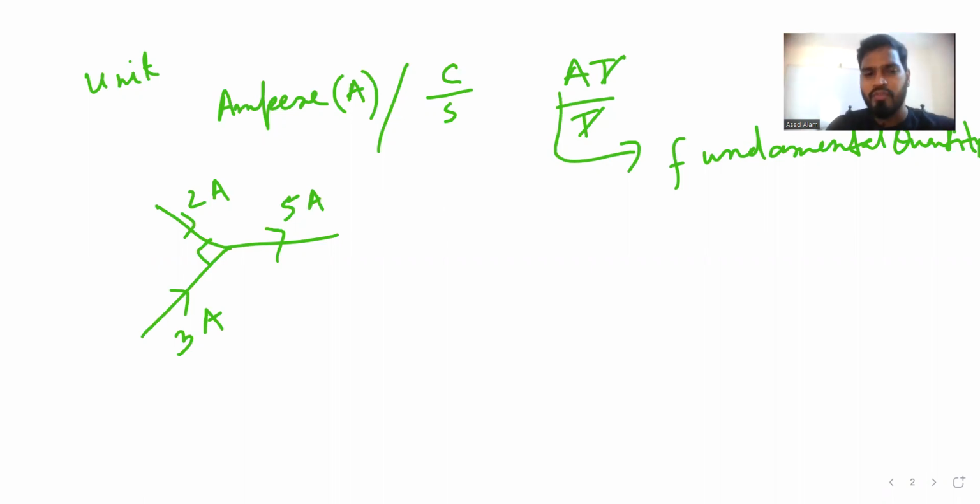Of course we'll think that it has direction and magnitude 5 ampere, so it should be a vector quantity.